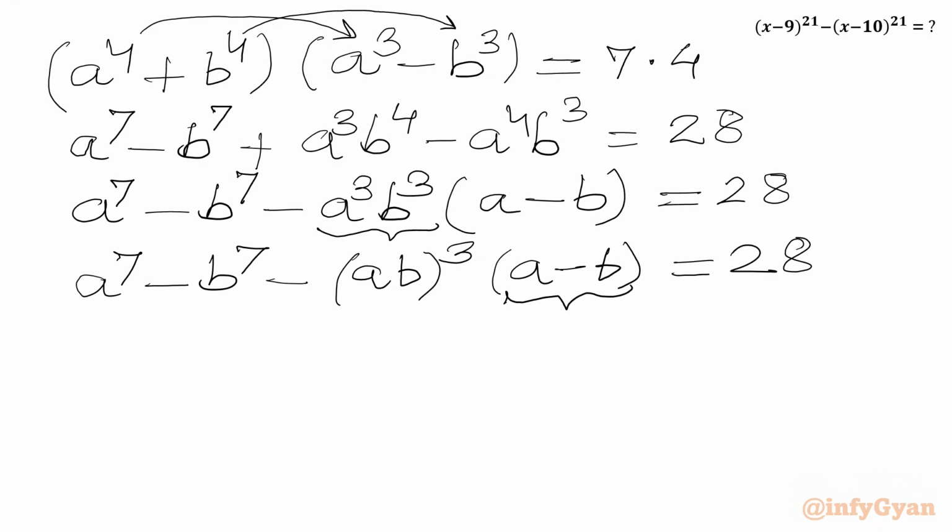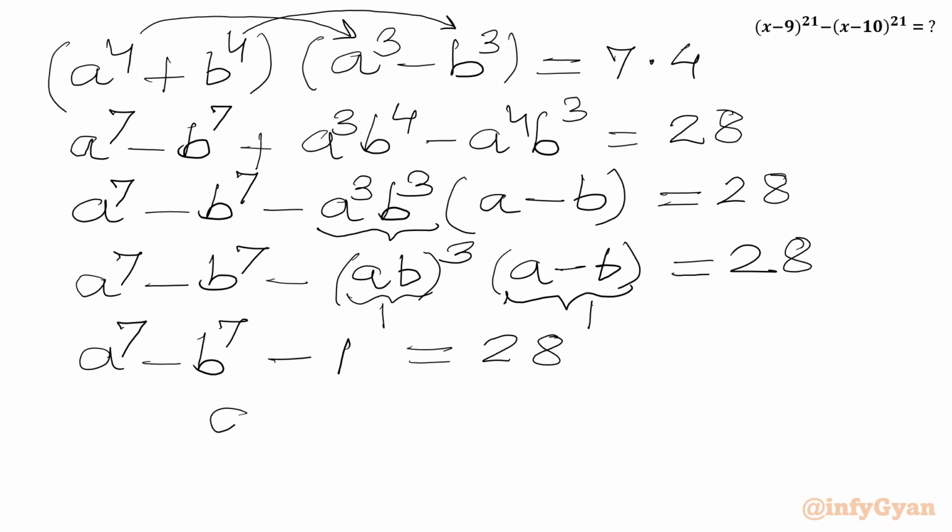Now a minus b is 1, ab is equal to 1. So we can write a power 7 minus b power 7 minus 1 cube is 1, a minus b is 1, so minus 1 equal to 28. Now we have to add 1 to both sides to get the value of a power 7 minus b power 7. The value will be equal to 29.